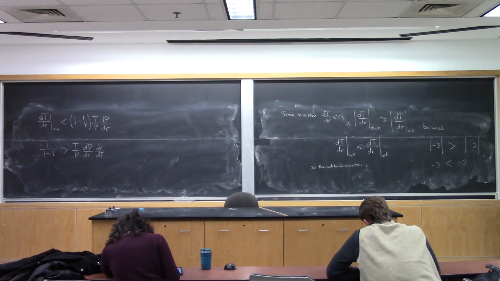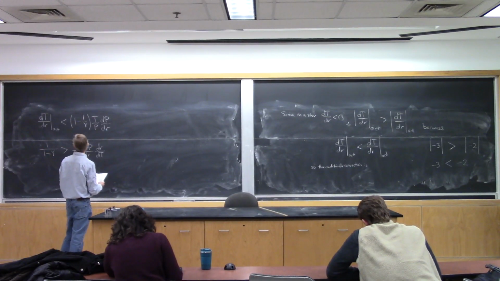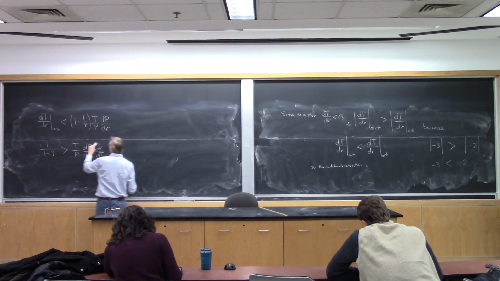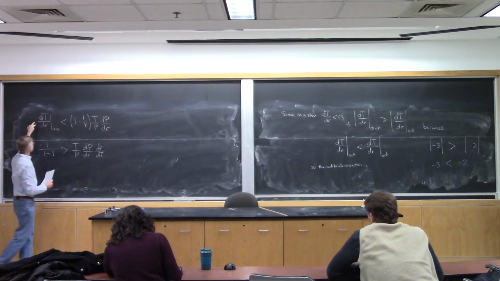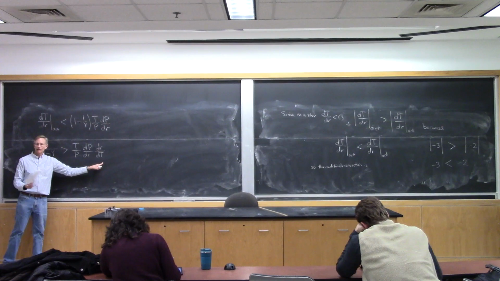In other words, I'll just be explicit: I'm going to multiply through by the reciprocal of dT/dr, which is dr/dT. You get to do that.